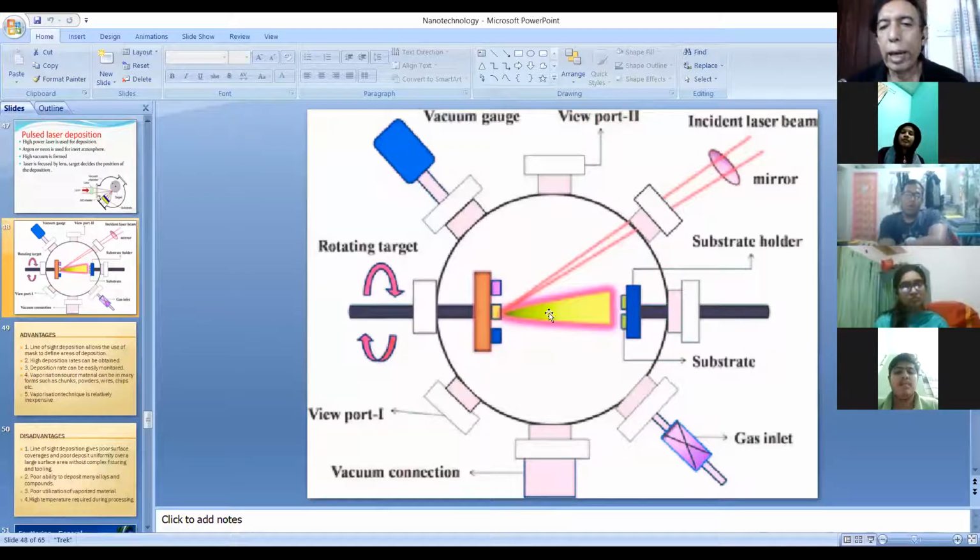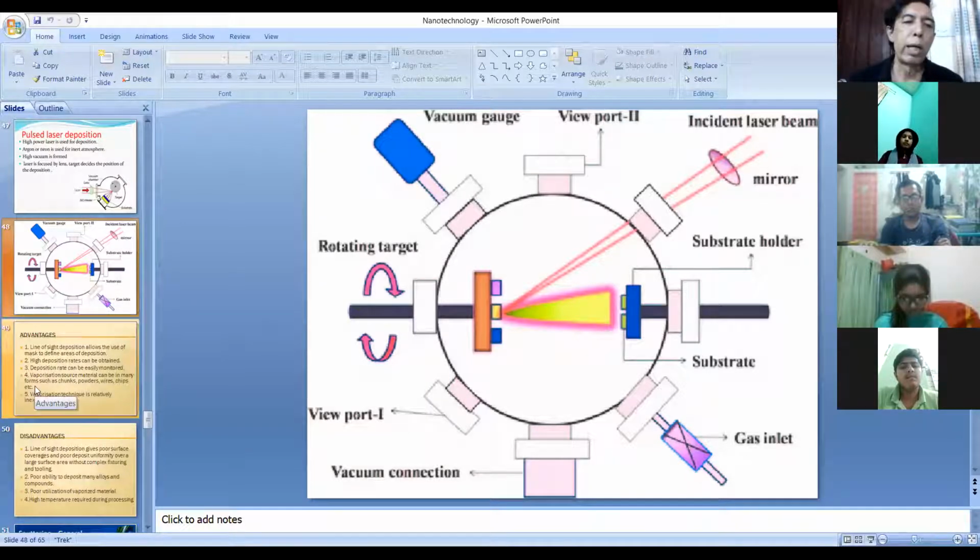It is directly in the path of the substrate. Say, for example, if the substrate is here, then it is not line of sight. The line of sight deposition means the gaseous molecule will go directly to the substrate.